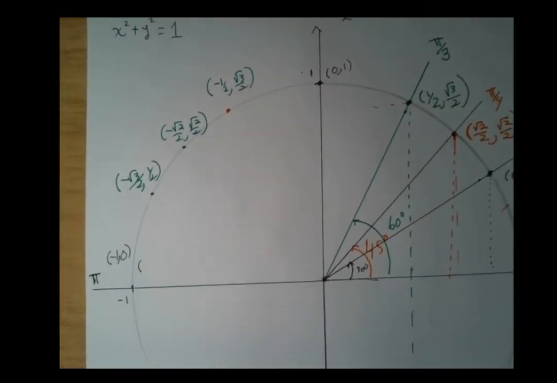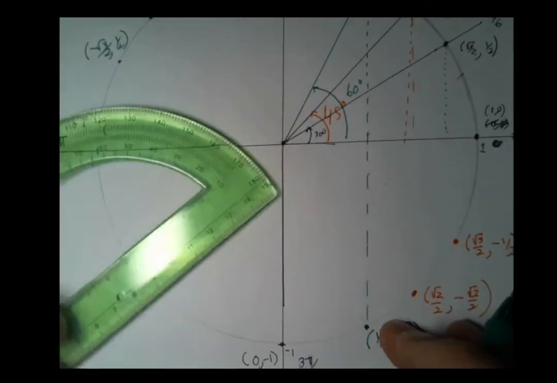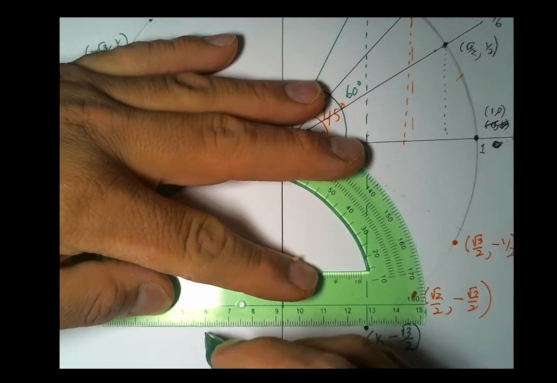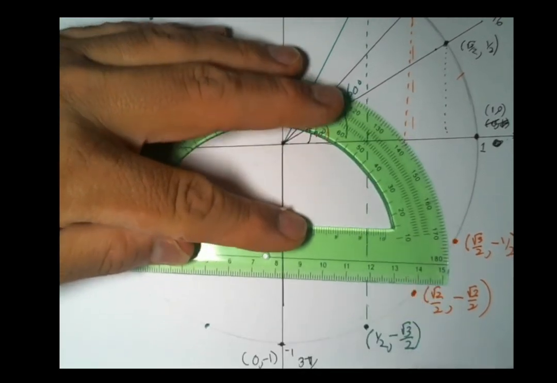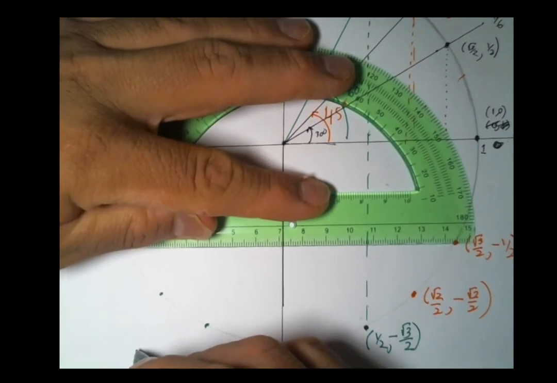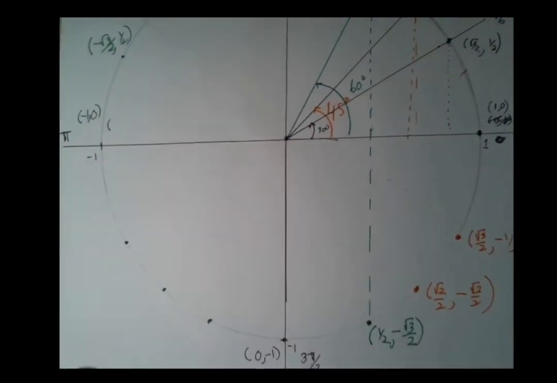And lastly, when we go down to this quadrant, we're in the negative x and the negative y region.